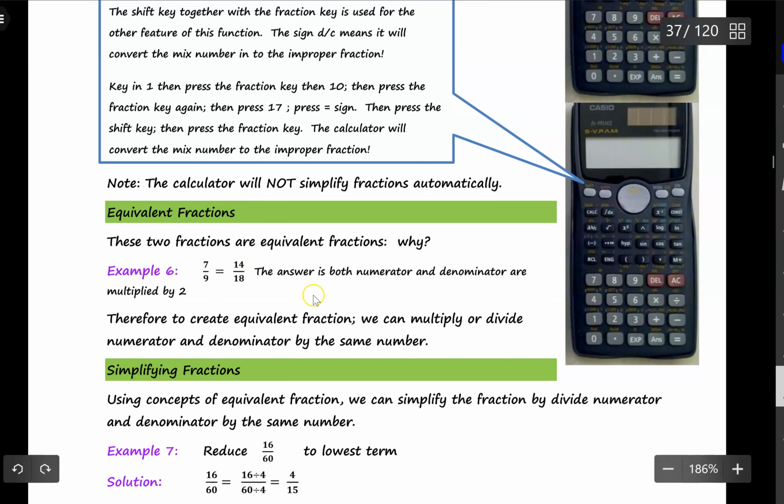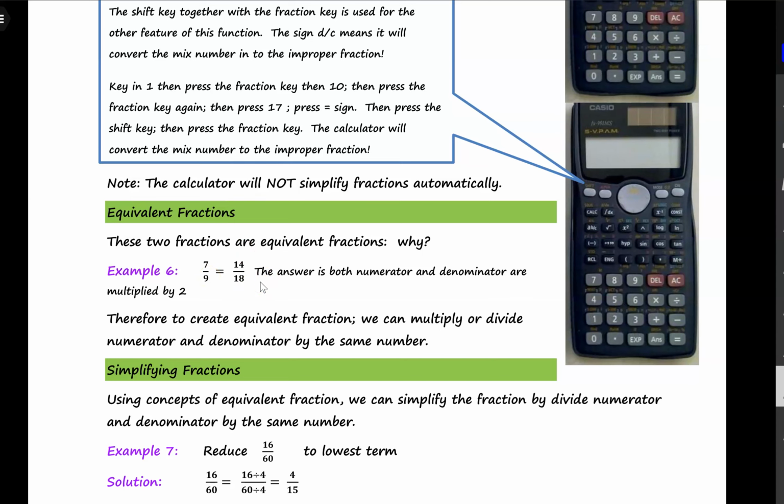So equivalent fractions mean that both the numerator and denominator are multiplied by 2. If you multiply the top by a number, you must multiply the bottom number, the denominator, by the same number as well. Then you end up with an equivalent fraction.